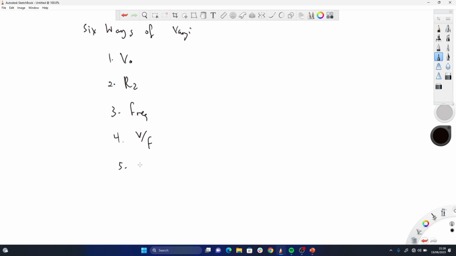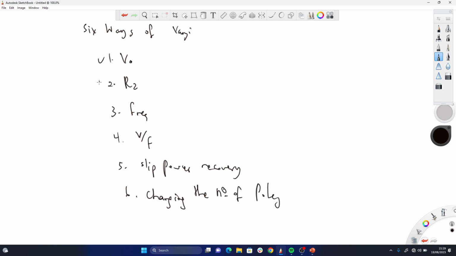Fifth, they have something called the slip power recovery, using the slip power recovery method. Then sixth, we have changing the number of poles. So we'll take them one by one.